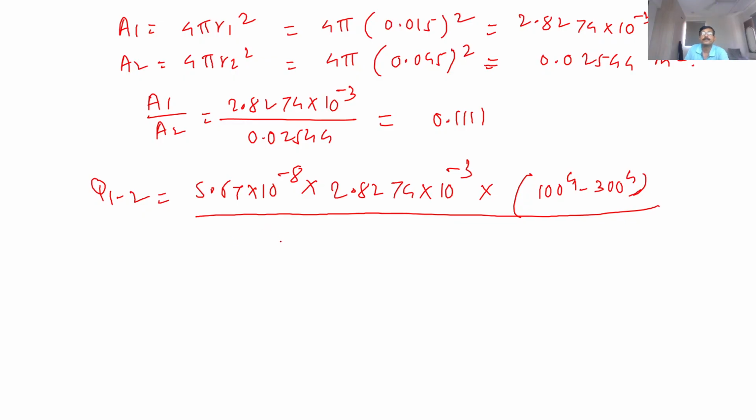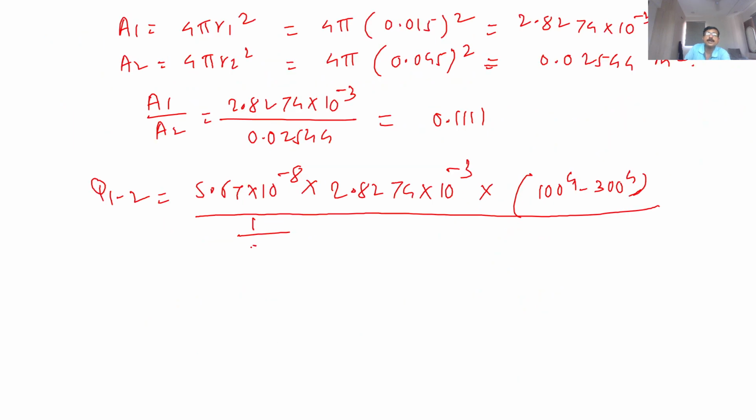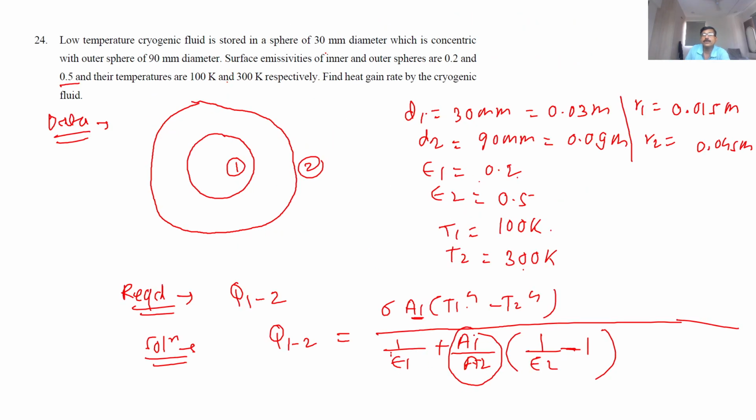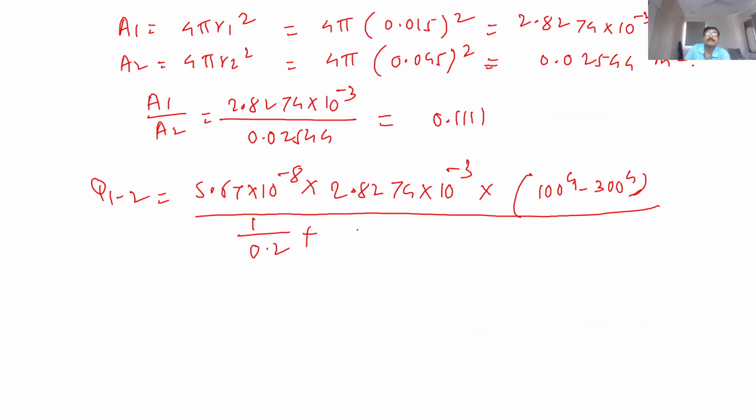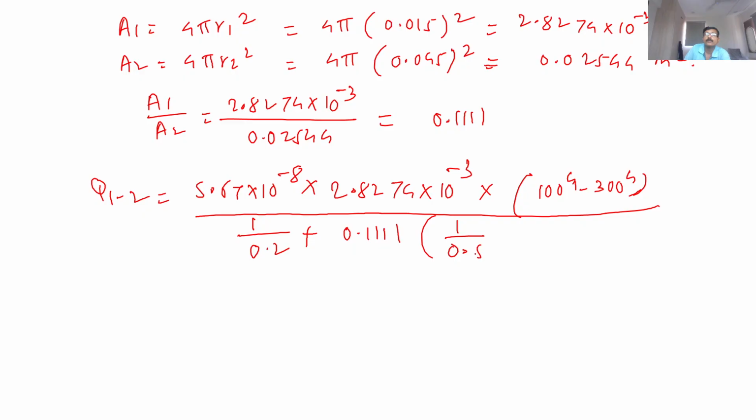Divide by 1 by epsilon 1, which is 1 by 0.2, plus A1 by A2, which is 0.1111, times 1 by epsilon 2, where epsilon 2 is 0.5, minus 1.